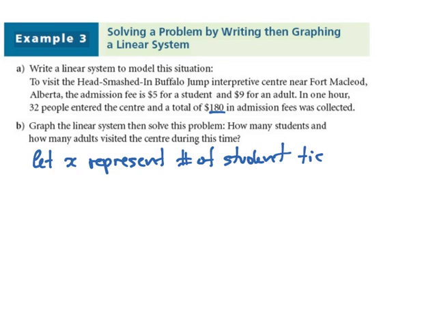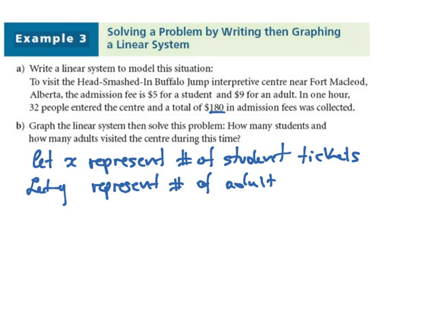And we can let the y represent the number of adults. Tickets. In this way, if we add x to y, we'll know that we sold 32 tickets, or 32 adults, or 32 people entered the center.